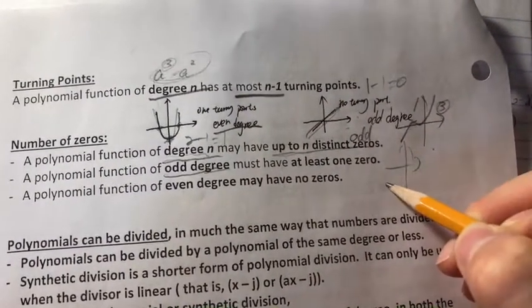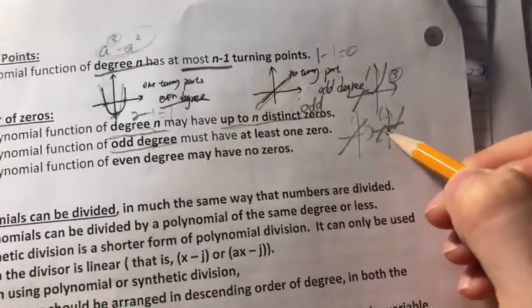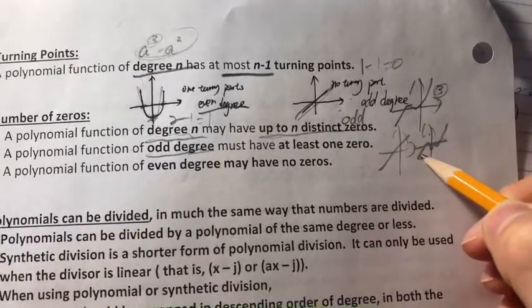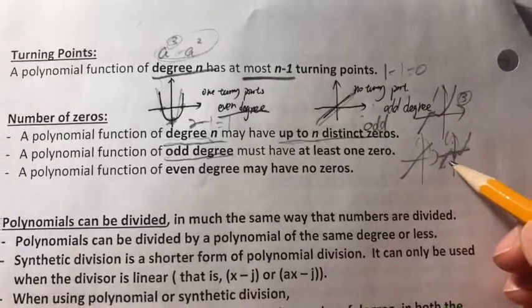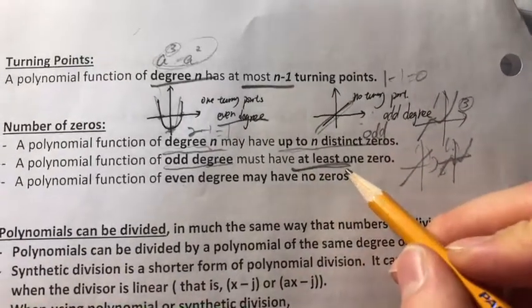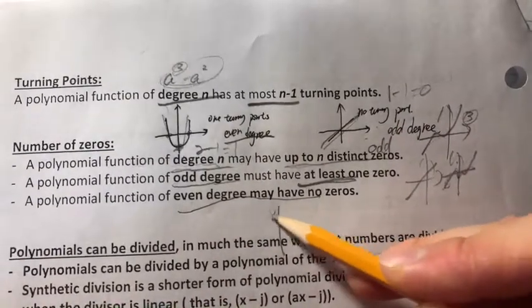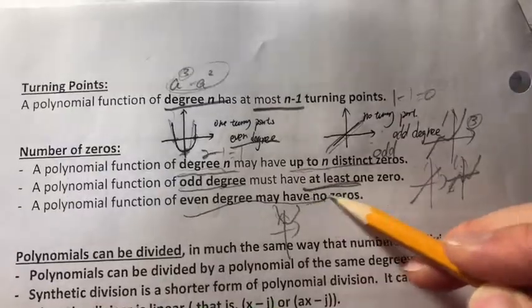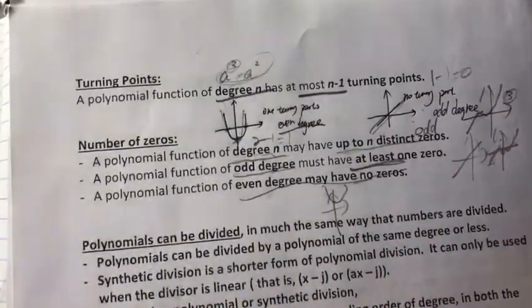If you have odd degree, either this one or this one, at least you're going to pass a 0. You know, at least you have 1. Okay, because anyway you cannot avoid passing this way, so you always have at least 1 zero. Okay, for the even degree, if you look at a quadratic as example, then you won't have real zeros, right? So you can remember those properties by just remembering the most simple graph.